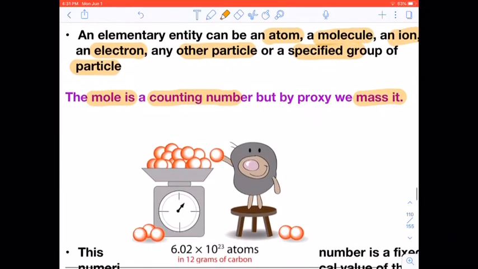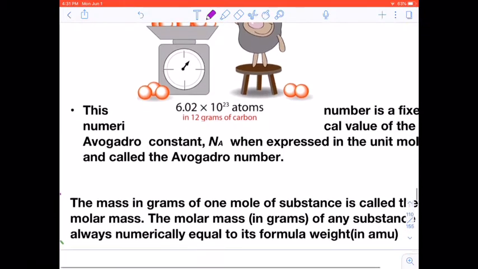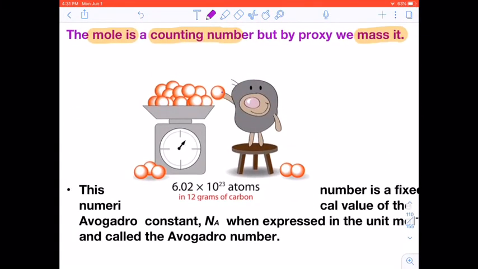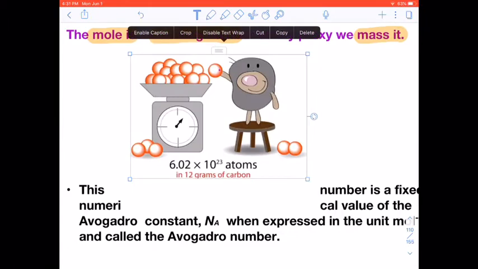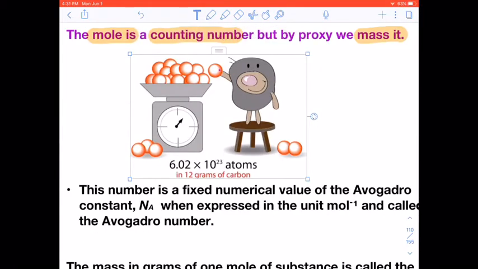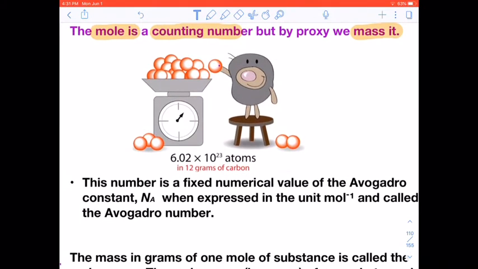Right, so let's look at this. Here we've got, on this particular balance here, say you are asked for 6.02 times 10 to the 23 atoms of carbon.